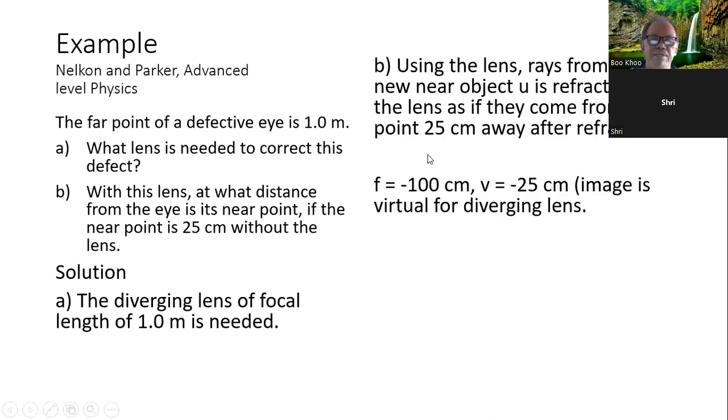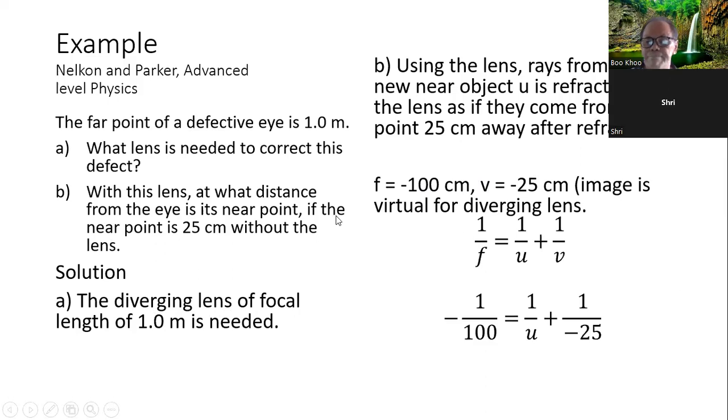Remember, it's a diverging lens, so the focal length is minus 100 cm. So we are looking at the object, and this becomes the image distance. Use the formula and calculate out. Your near point is now 33.3 cm.